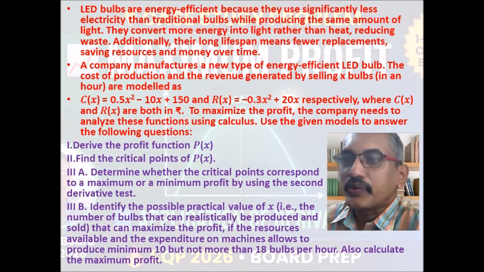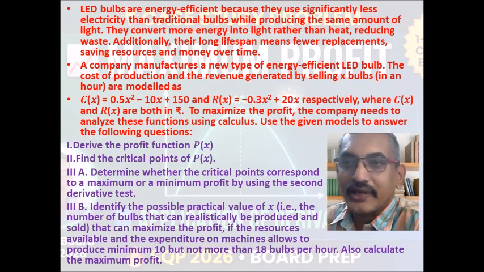First, derive the profit function. Second, find the critical points of P(x). Third, A: determine whether the critical points correspond to a maximum or a minimum profit by using the second derivative test.